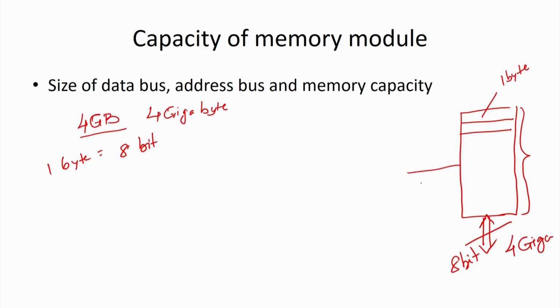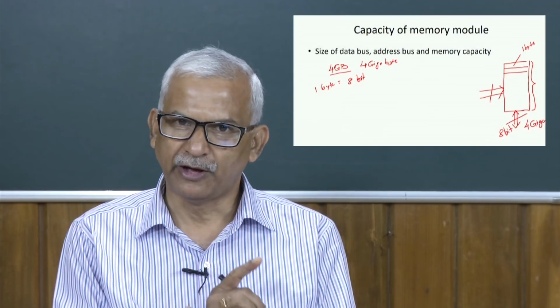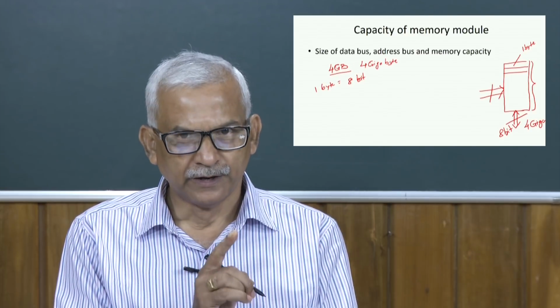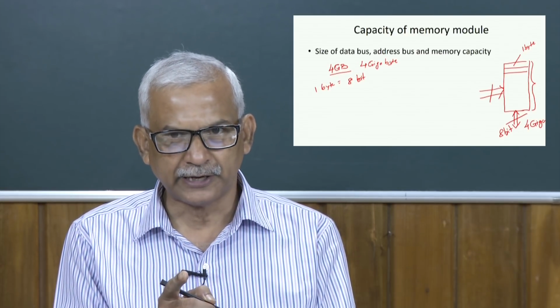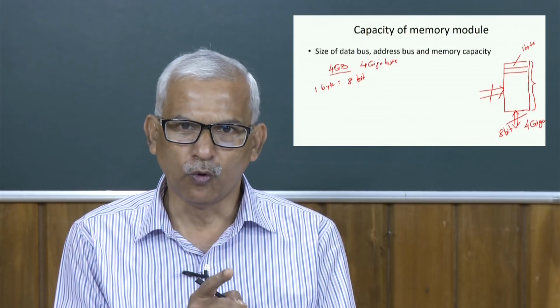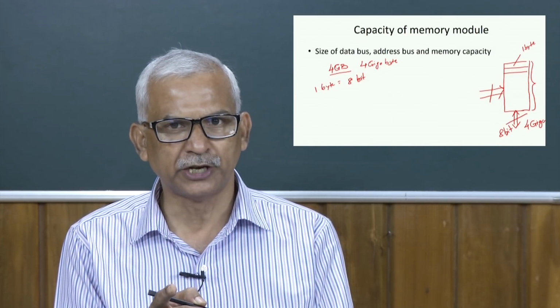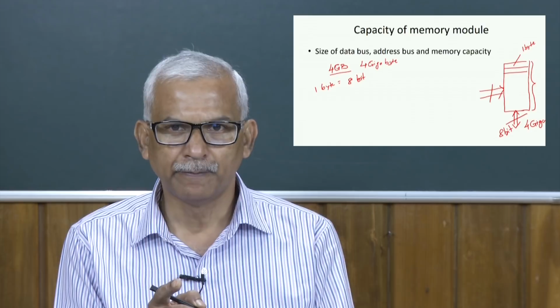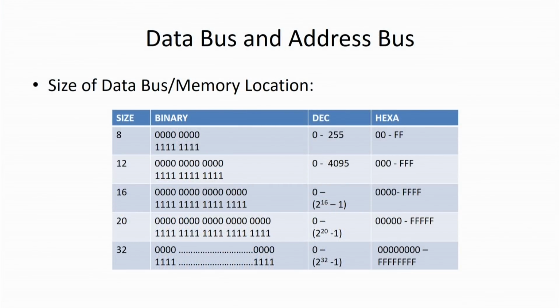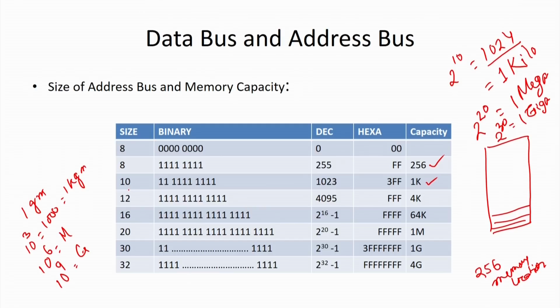Now, what is the size of the address bus? I am telling you that with 3 bits I can address 8 locations, with 4 bits we can address 16 locations, with 5 bits we can address 32 locations, like that. With 10 bits, 1 kilo; 20 bits, 1 mega; 30 bits, 1 giga, 2 to the power 30, and 4 giga is 2 to the power 32.